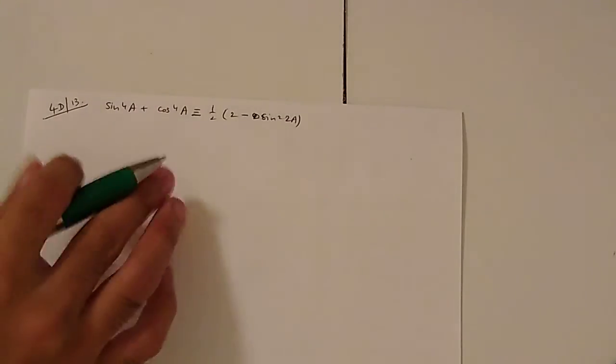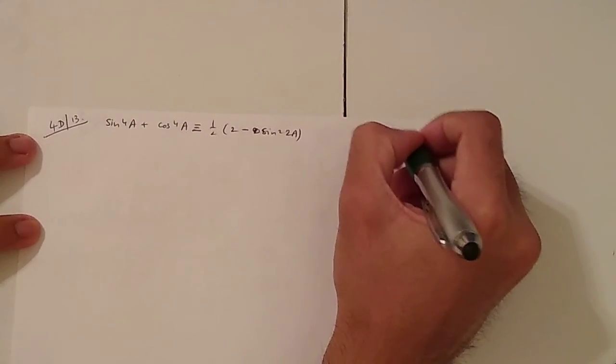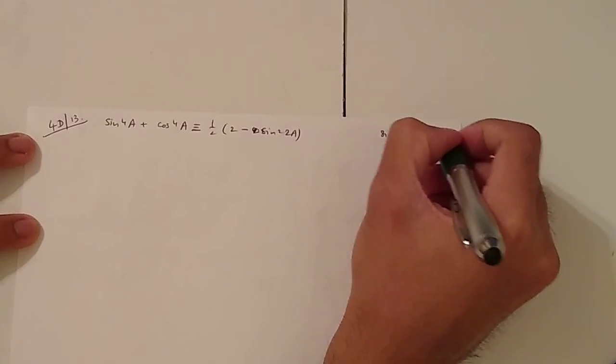So this is the identity that needs to be proven. The question does give us a hint that we need to use the relationship sine square a plus cos square a equals 1.